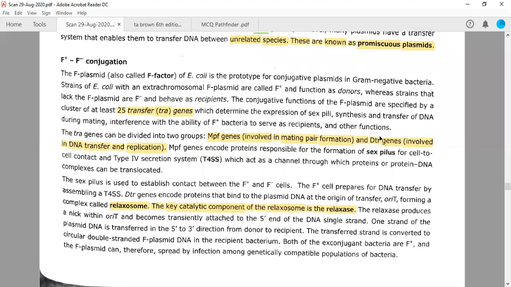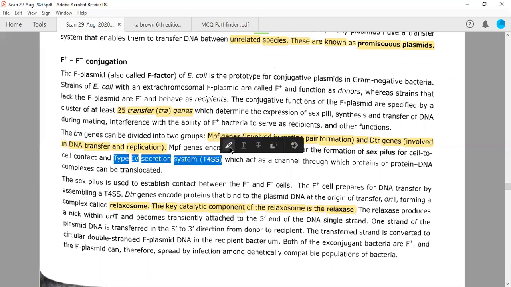And the second group is called DTR genes, that is DNA transfer and replication function genes. The functions are given. First of all, MPF, mating pair formation genes, encode proteins responsible for the formation of the pilus, which are required for cell-to-cell contact and for the formation of the type 4 secretion system.